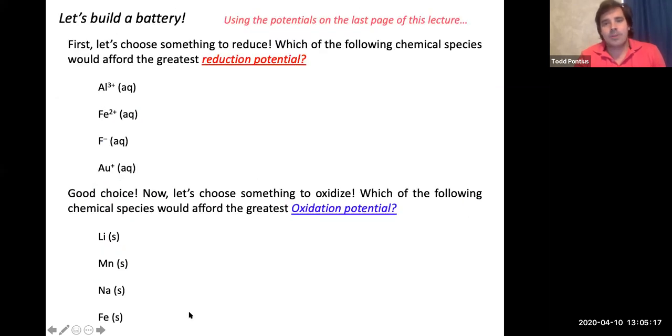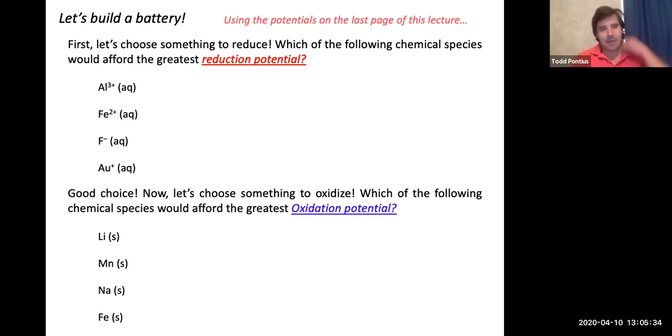And we're going to build ourselves a battery. First, before we can build that battery, we want to pair together two materials that are going to give us a lot of voltage. So here I've got three different candidates. We've got aluminum 3+, iron 2+, F-, and Au+.